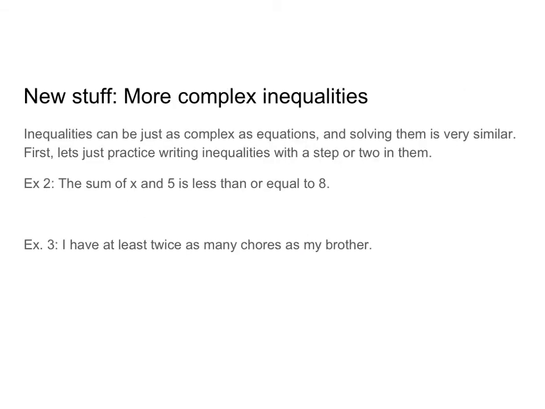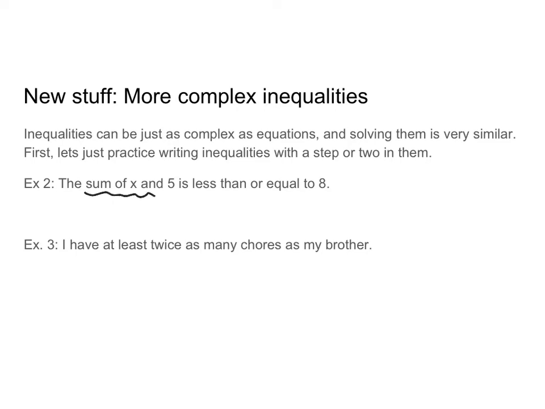So now we're going to be writing inequalities that also have some steps going on. So for example, just like what we've been working on, the sum of x and 5 is less than or equal to 8. So we can write that as an inequality.